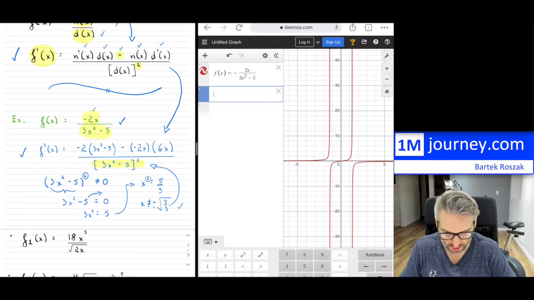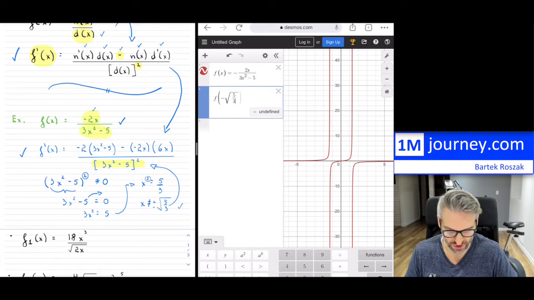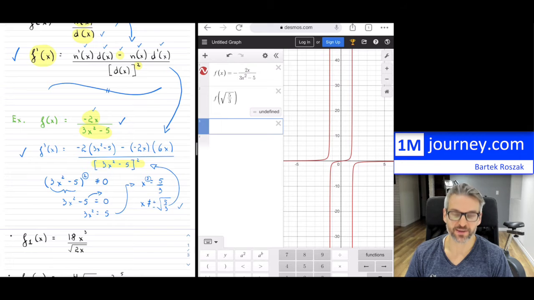If I wanted to know what the actual point is on this function, let's say f at negative square root of 5 over 3. Notice that it's undefined, right? And if I put in just a positive, it's also undefined.